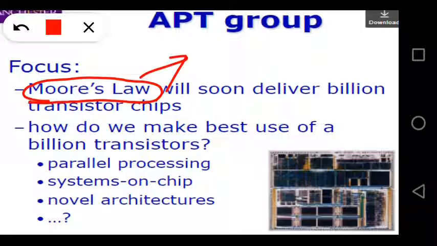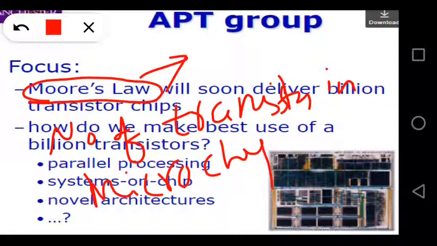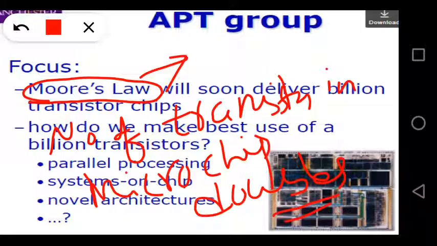Moore's law states that the number of transistors on a microchip doubles about every 2 years, though the cost of computers is halved.